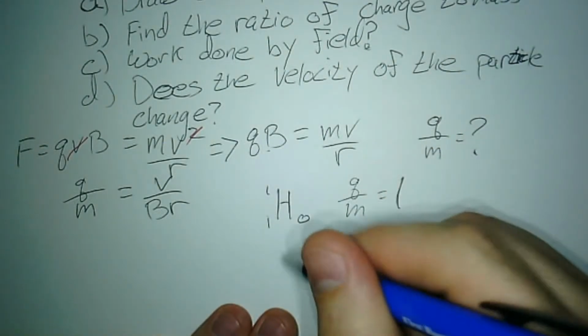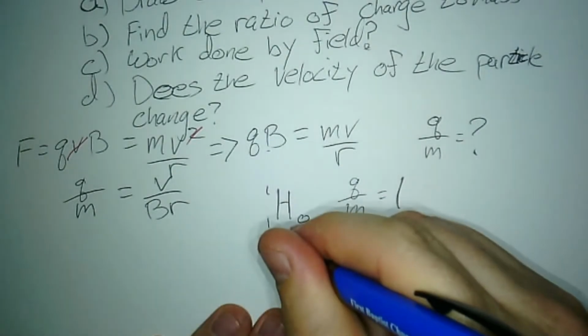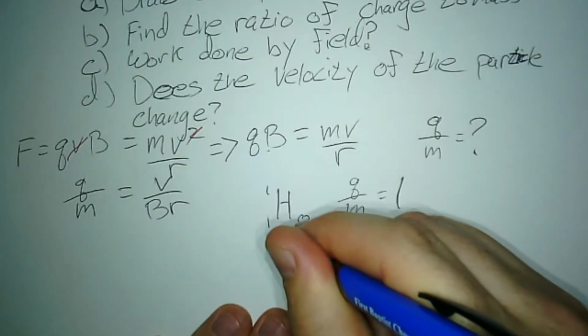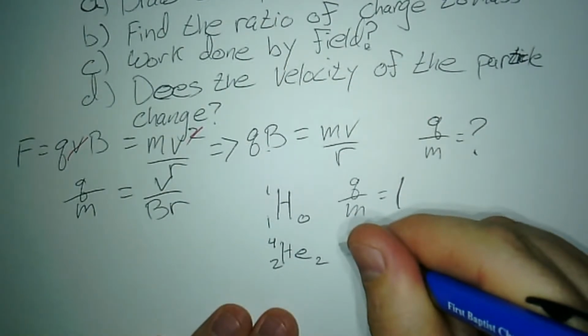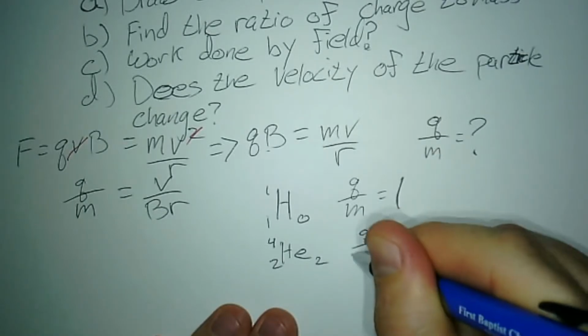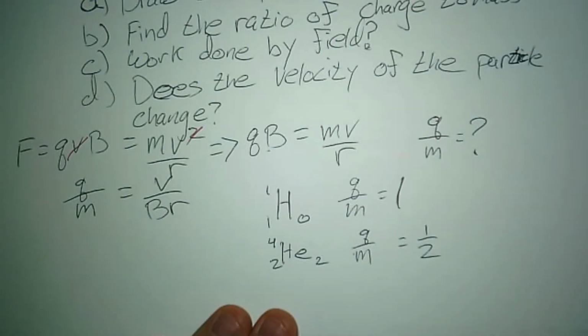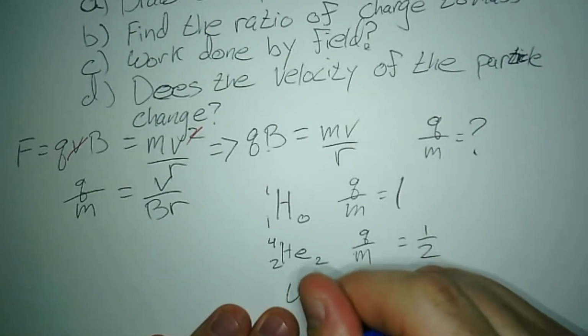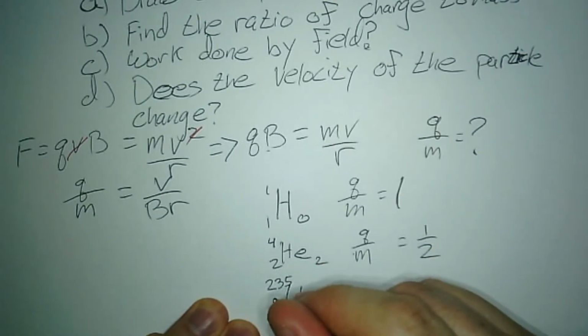But say we wanted to go to helium. The mass of helium is 4, because it's got 2 protons and 2 neutrons. So its charge to mass ratio is going to be 1/2. And if you went to something big like uranium-235, it's got 92 protons.